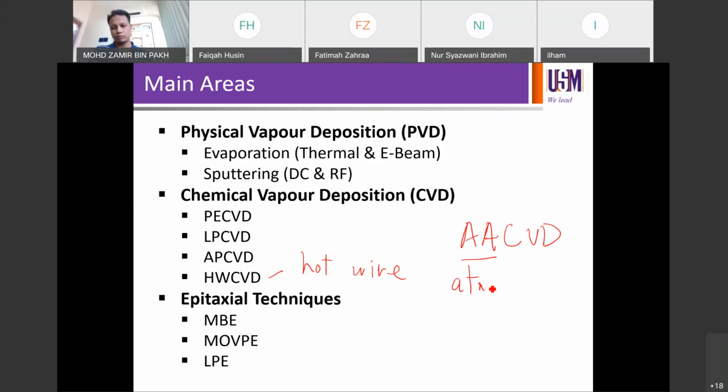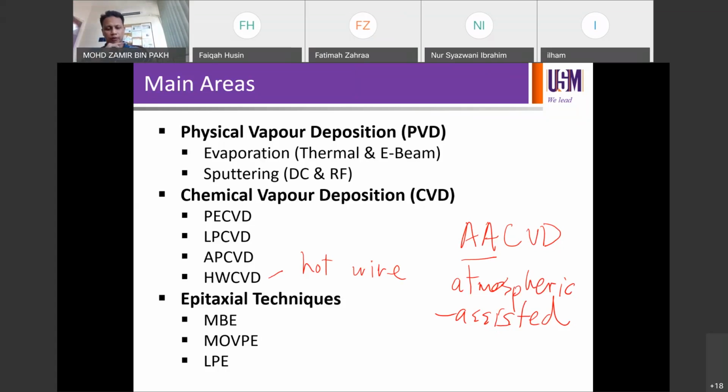Atmospheric assisted CVD. So you may have read some other CVD techniques. Or if you Google CVD, you'll probably see some other new names as well.